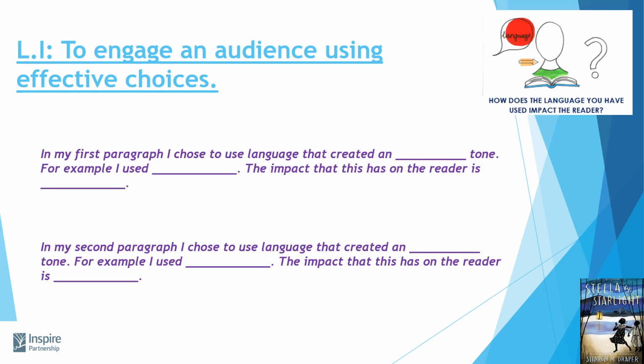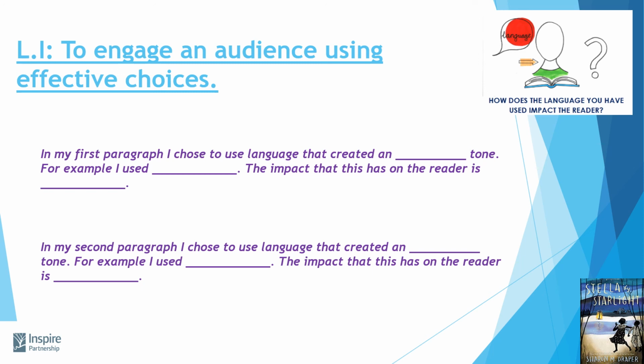Finally, after you've done your writing, here's a reflection question for you. So we're thinking about how the language you've used impacts the reader. So there are 2 sentences there because you've written 2 different paragraphs. And we'd like you to think about the language that you've used in paragraph 1, and what sort of tone that's created. And can you give us an example of the words that you have used in order to create that tone?